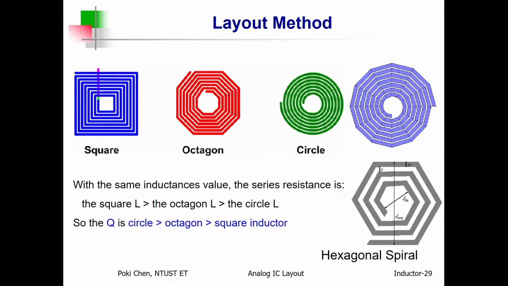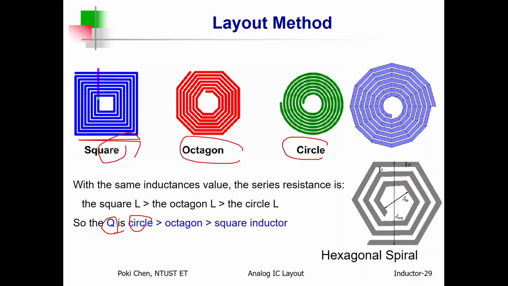And then how about the shape for such kind of planar spiral inductor? For the simplest, we have such kind of square layout pattern. If you would like to pay more attention, then you can have octagon, or even you can have the best, circular. The circular layout usually achieves the best Q factor.